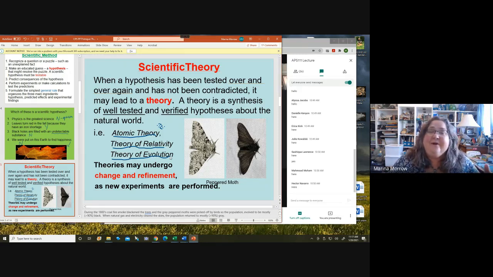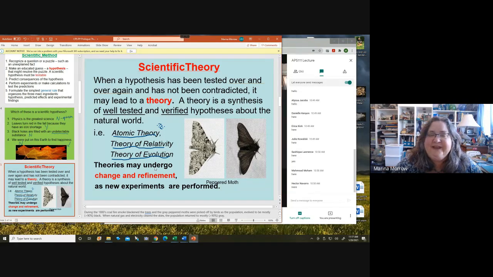So now that we know more about genes, you can see how things adapt over time due to environmental pressures. And so Darwin didn't know about genetics, okay? There was no gene theory in his days, or gene ideas. But theory doesn't mean something that's easy to just dismiss because it has been shown to be true many times.